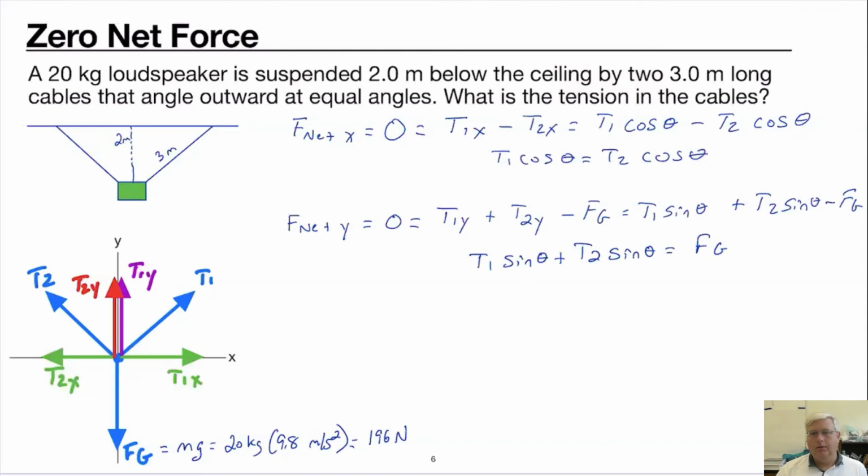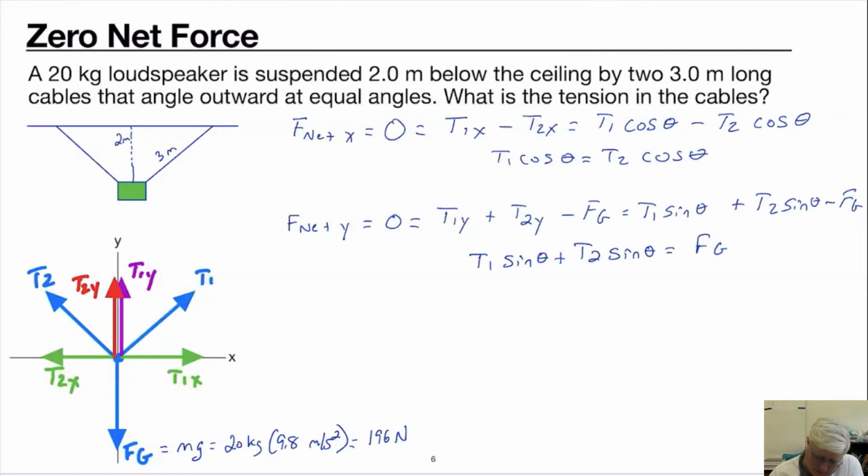Okay. So, any hidden unknowns? Well, I think I started to allude to it before, but remember that since T1 and T2 are angled at equal angles, their magnitudes are going to be the same, right? So T1 is equal to T2.